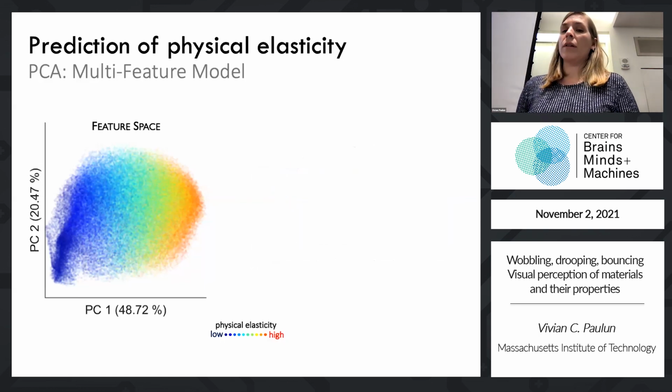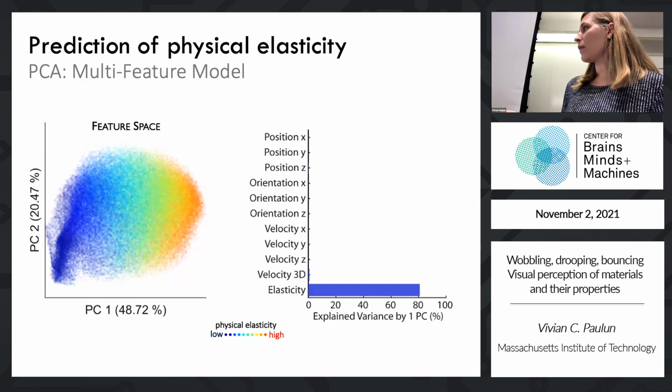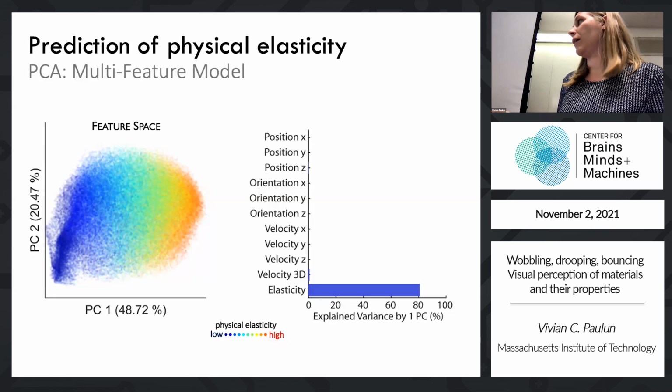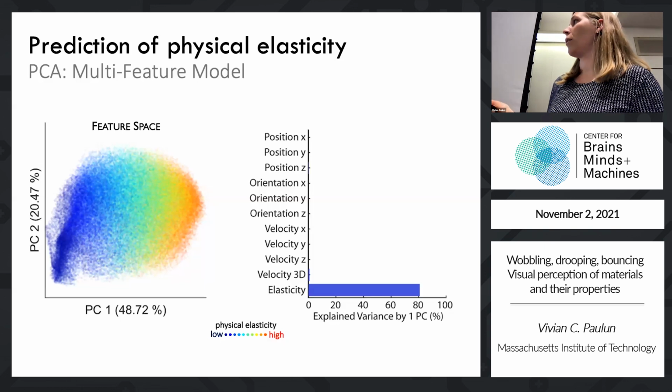And we can also show that this predictor is very specific. Here I'm plotting, this is basically the number you have already seen, how much variance this principal component can explain in terms of elasticity. And here I'm plotting it for all of the other latent variables. It's not that I'm going to animate this plot and the bars will show up. They're already here. They're just so tiny that you cannot see them.